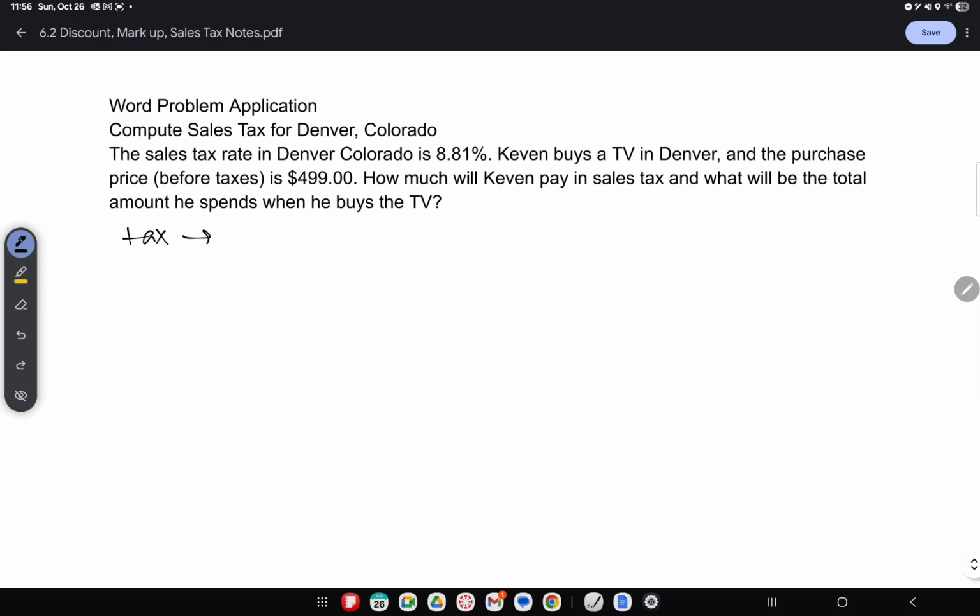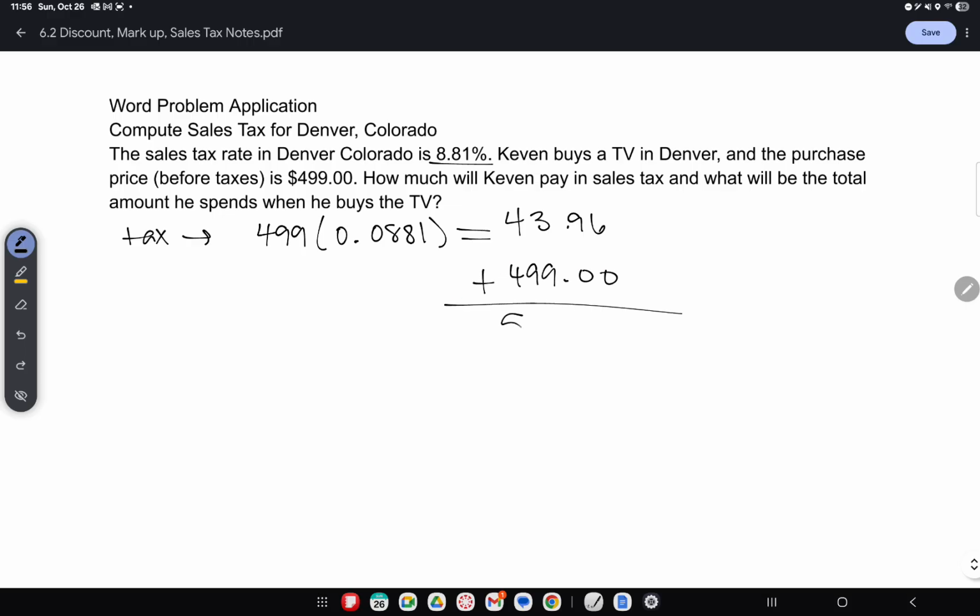So the tax is going to be the purchase price times the tax as a usable decimal, 0.0881. If I multiply those two numbers, I get $43.96. And then we'll just add that to the $499 for a total of $542.96.